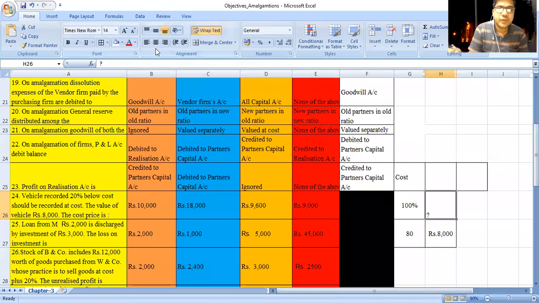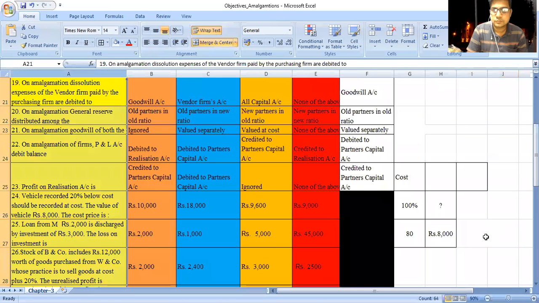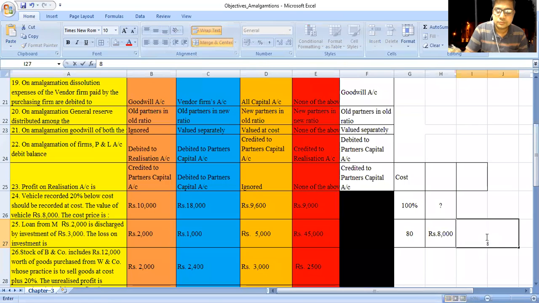We can do cross multiplication and we will get the answer. 8,000 into 100 divided by 80.